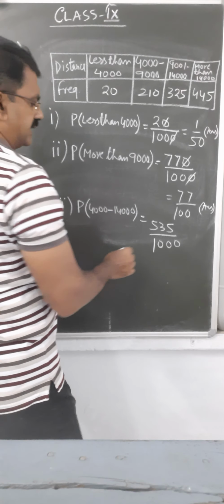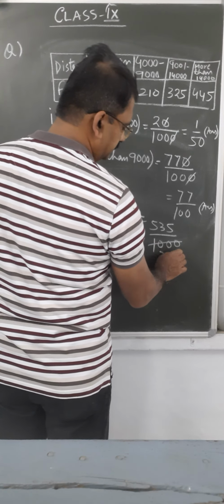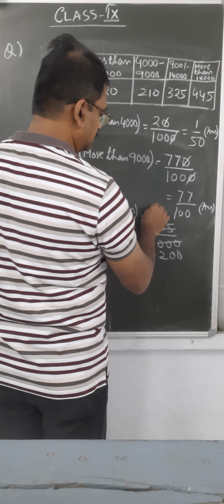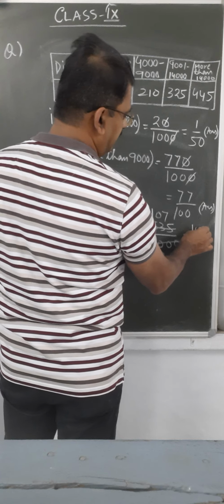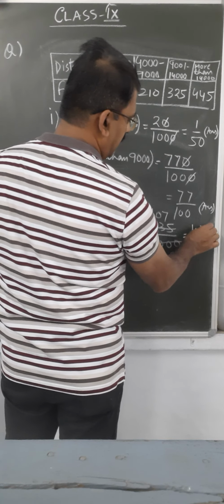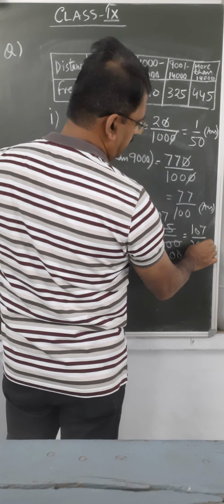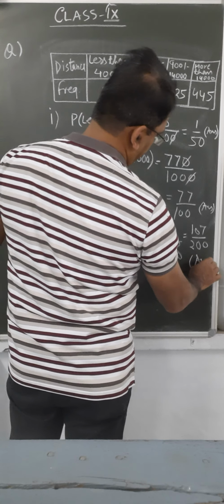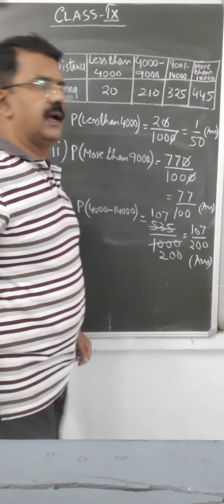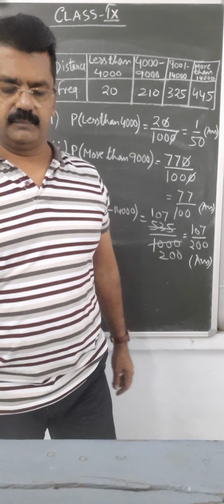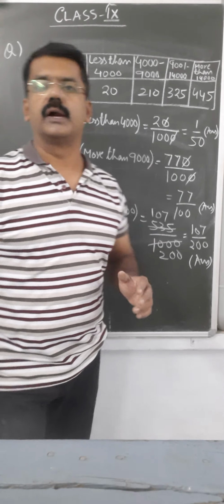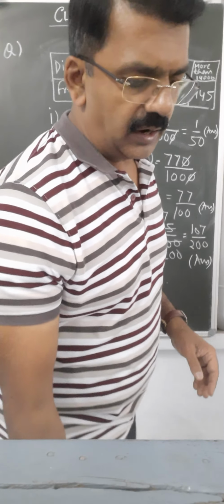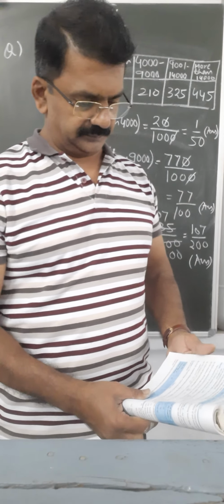Now first of all, cancel it by 5. So your answer will be 107 upon 200. Clear? Now we will do the next question.